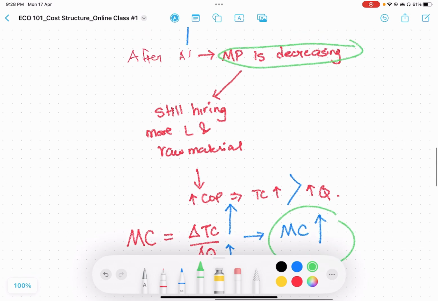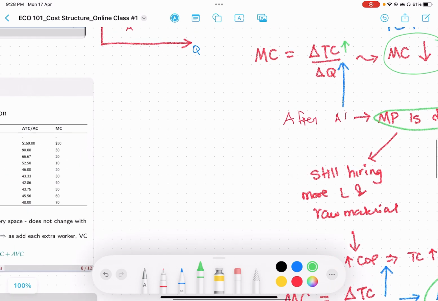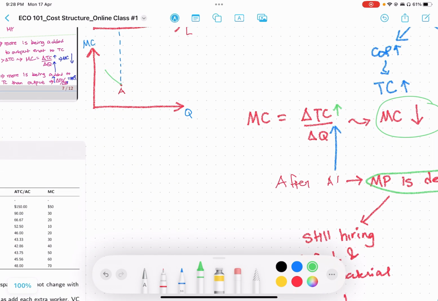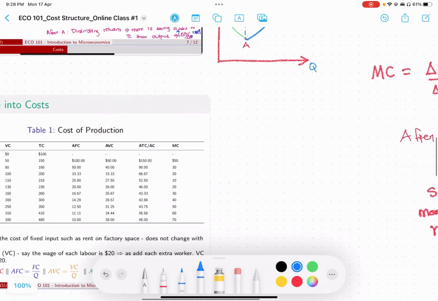So when MP is decreasing, marginal cost is rising, which means if I were to draw this now, this portion would be something like this. So now you can see this mirror image of each other, this inverse relationship between the marginal product curve and the marginal cost curve.